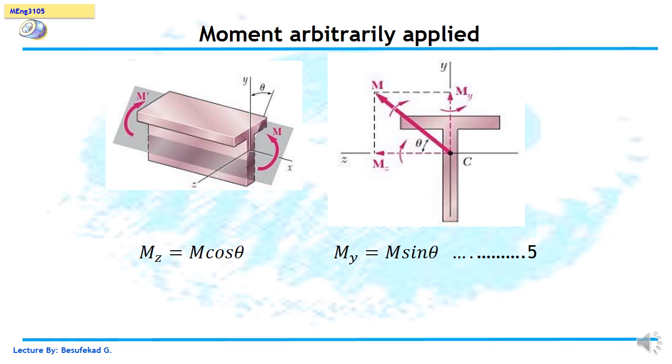Now the question is, what is the total stress acting on this point due to the couple M? The total stress is going to be the superposition of the two stresses. Superposition means adding the two stresses resulting from the two components.